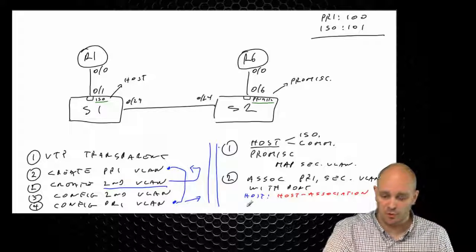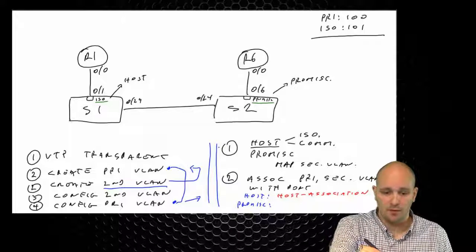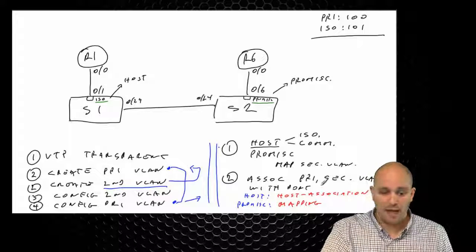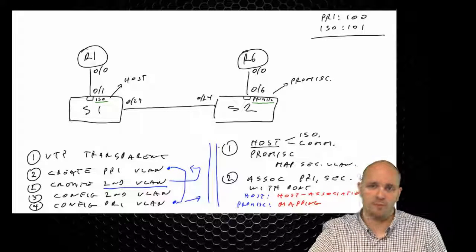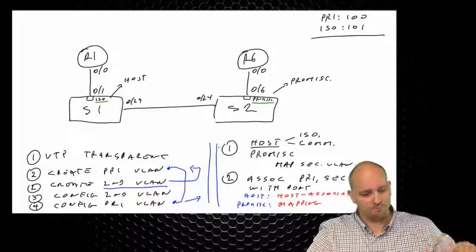And for promiscuous ports, the keyword that we have to remember is mapping. And of course, due to the IOS consistency, the world famous consistency of IOS, there are of course multiple ways we can do this. So let me show you that.